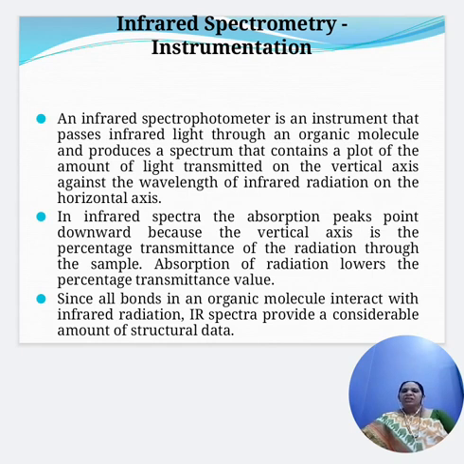In infrared spectra, the absorption peaks point downwards because the vertical axis is percentage transmittance of the radiation through the sample. Absorption of radiation lowers the percentage transmittance value, as it is inversely proportional to the logarithm of the concentration, so you get the peaks inverted.